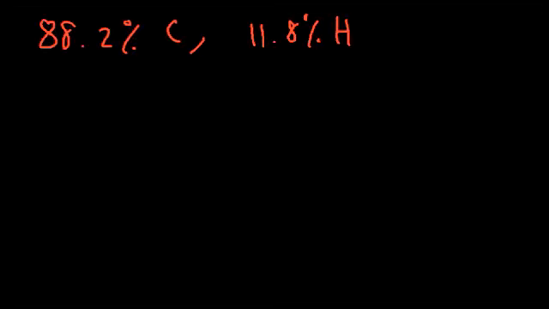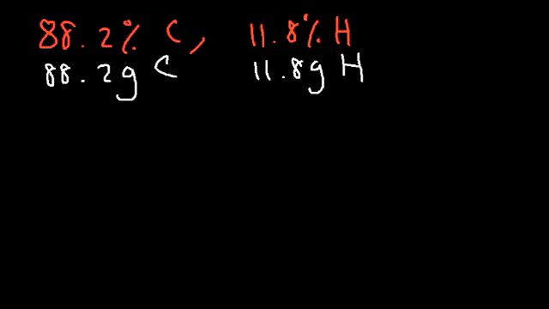Now we're given the mass percent or percent composition. If you're given the percent, simply base it out of 100 and just convert the percent into grams. So this means that we have 88.2 grams of carbon and 11.8 grams of hydrogen. Because the total is 100 grams.